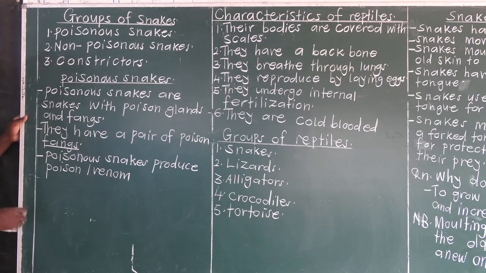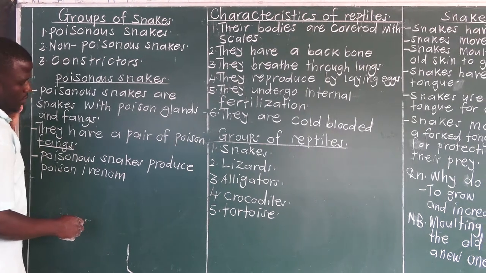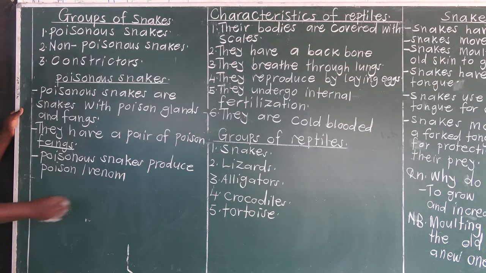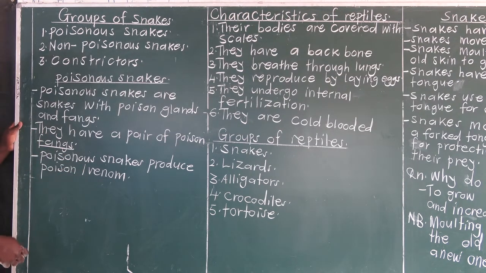They produce poison or venom, and this venom is injected into their enemies for protection. So when a poisonous snake bites you, the poison will enter into your body, then can easily kill you.